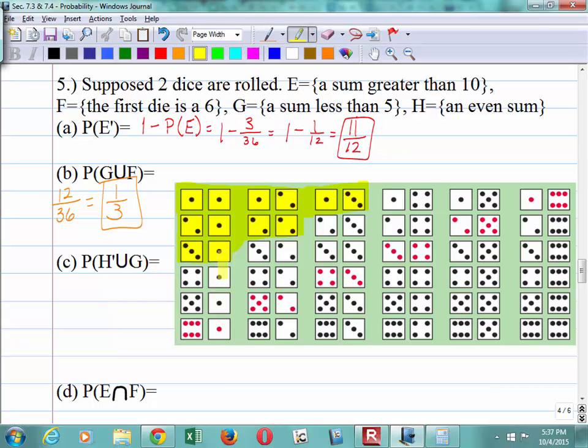So if we did all the odd sums, sum of 5 would be included. And then the sum of 7 would be included. And then the sum of 9 would be included. And then the sum of 11 would be included.